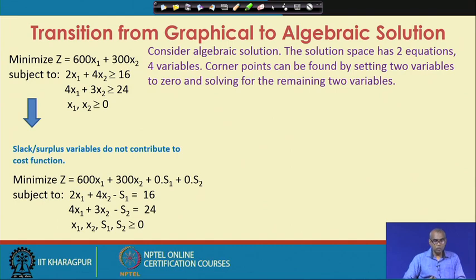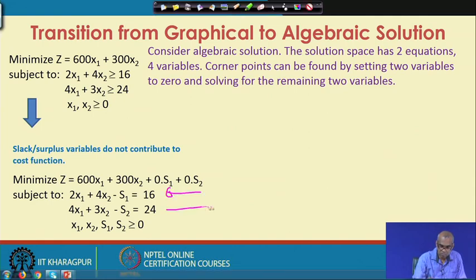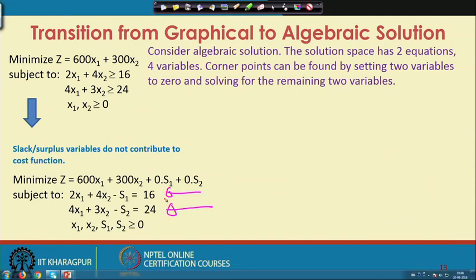Now, we have these 4 variables, x 1, x 2, S 1 and S 2, and I want to consider algebraic solution. The solution space has 2 equations and 4 variables. Then how do I find the corner points?